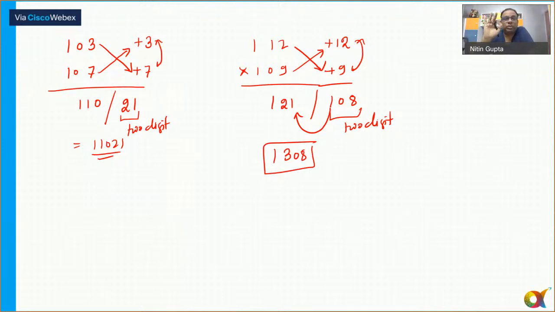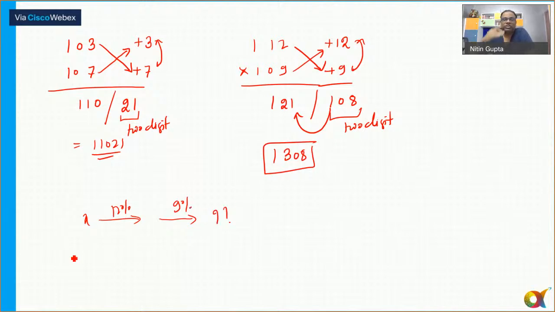When solving questions based on percentages or data interpretation, suppose in a certain year the value is X, it increased by 12%, and then after another year it increased by 9%. What is the final value?